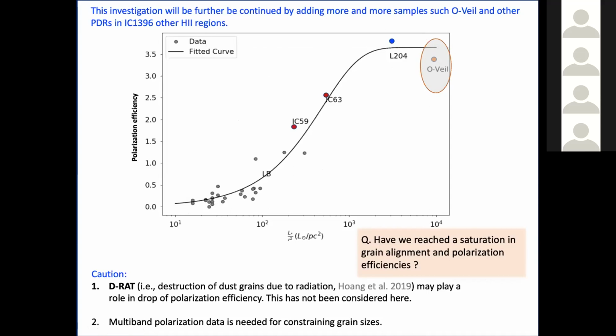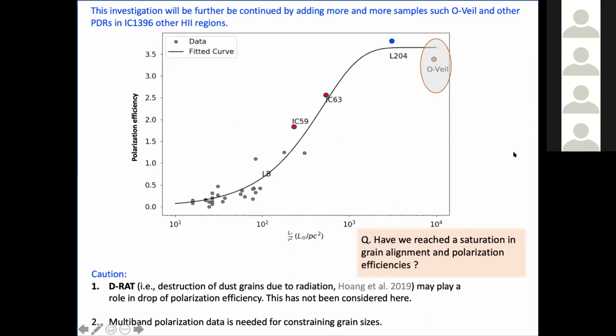But have we reached a saturation? Maybe not. There are two cautionary remarks I want to make. First, the destruction of the grains due to RAT has not been taken into account. Please check Hoang's 2019 paper, where they say that RAT can destroy grains, and maybe the drop in polarization efficiency or saturation can happen because of that.